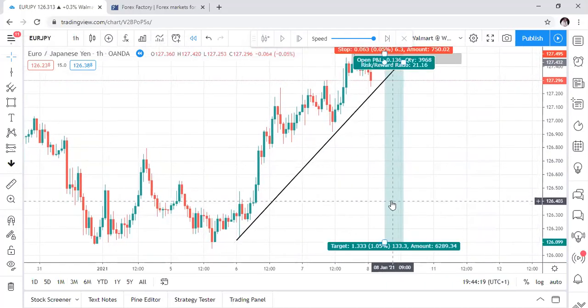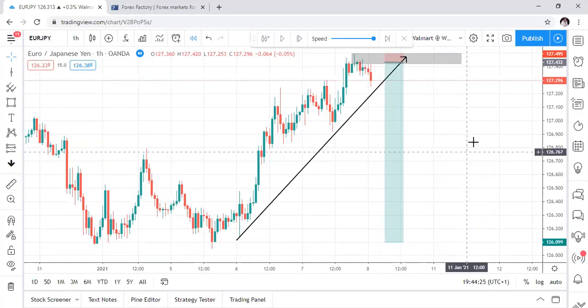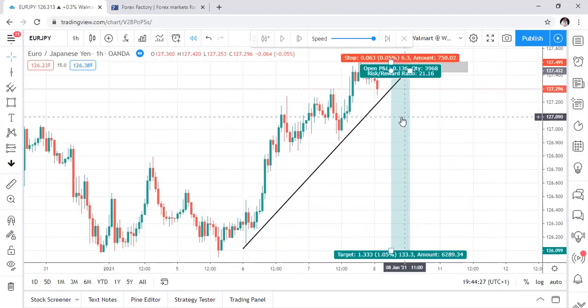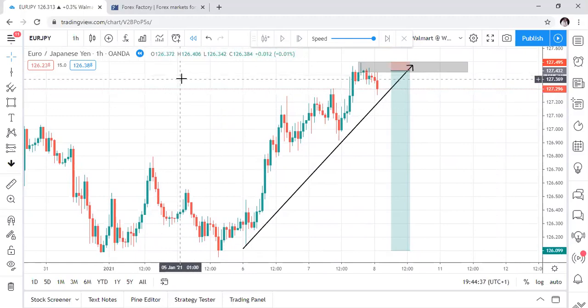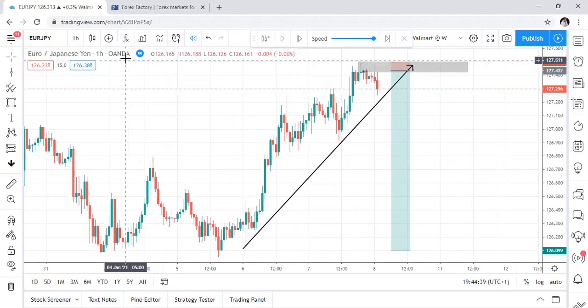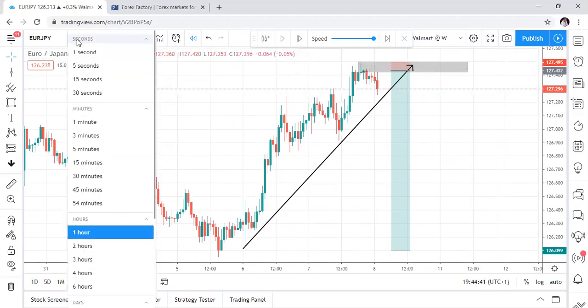You can see it, 130 or 133 pips. You can see the risk reward ratio here. I can scale down to 1 minute to get that 6 pips down to almost one pip. But let's hold on to this first. 15 minutes.